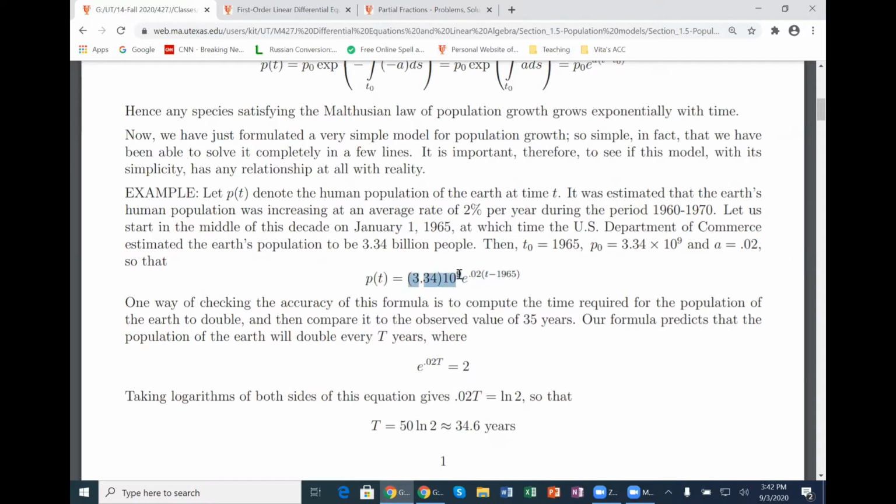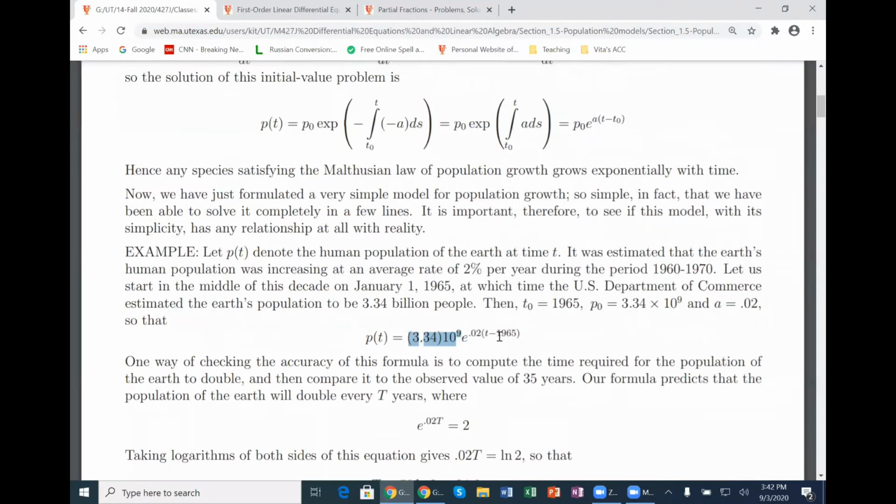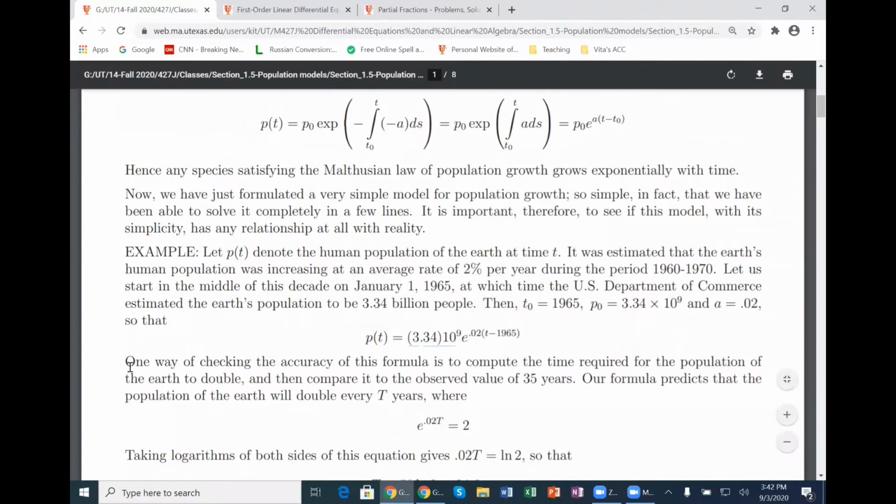This is P0, this is t0, this is A. Next step, let us see how accurate this formula is. One way of checking the accuracy of this formula is to compute the time required for the population of the Earth to double.